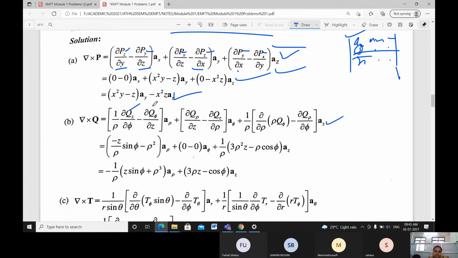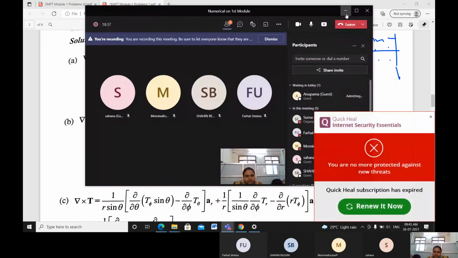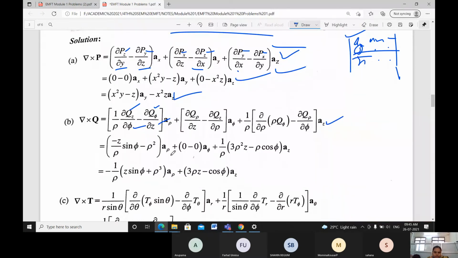Substitute for each and differentiate with respect to whatever is given in the equation. Then you will be getting 1 by rho z sin pi plus rho cube into a rho plus 3 rho z minus cos pi into az. You will be getting the equation.